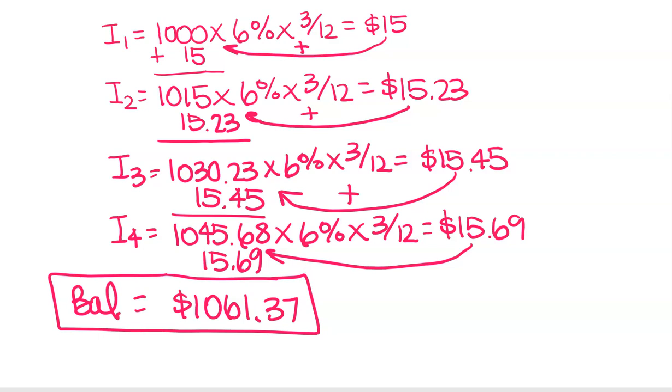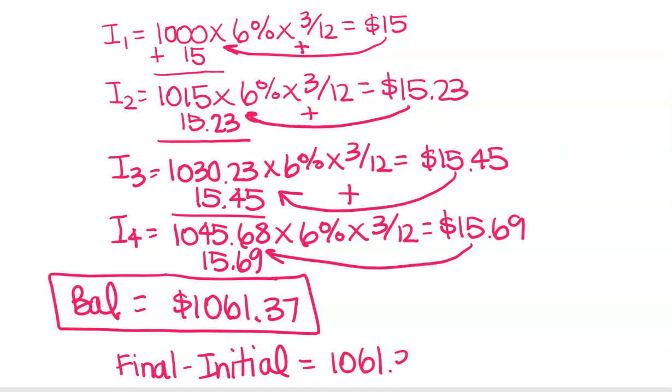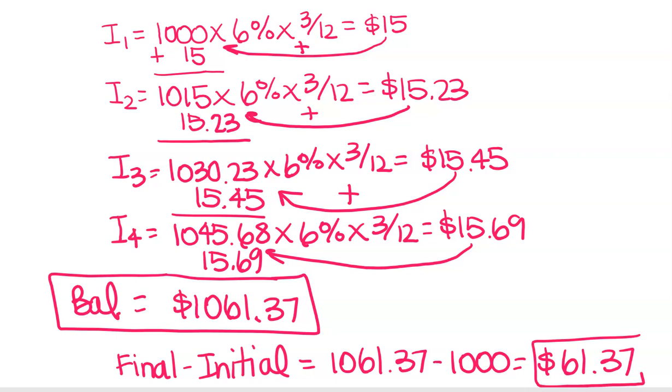You can say final balance minus initial balance, which would be 1,061.37 minus 1,000. So that's the total interest.